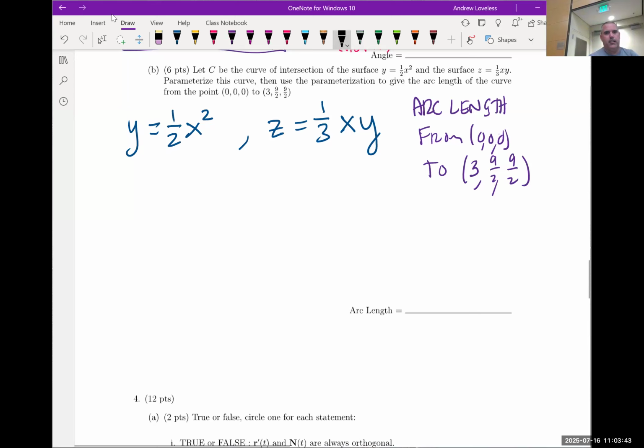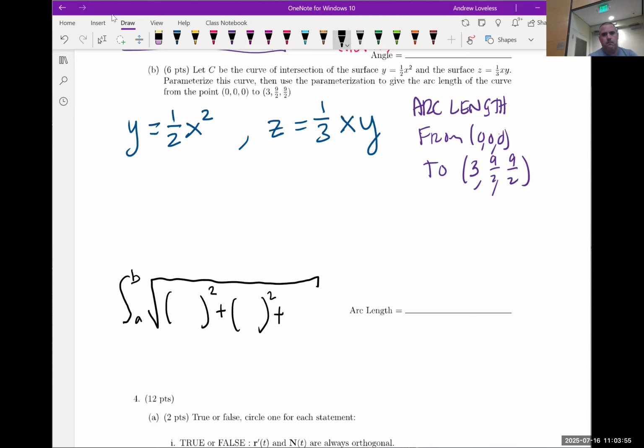It looks like this, the integral from A to B of the square root, and it has these pieces. But what we need to put in here is x prime of t, y prime of t, and z prime of t. So we immediately have an issue.